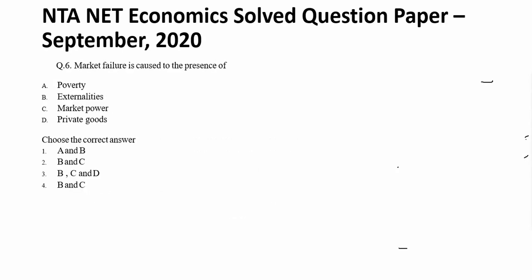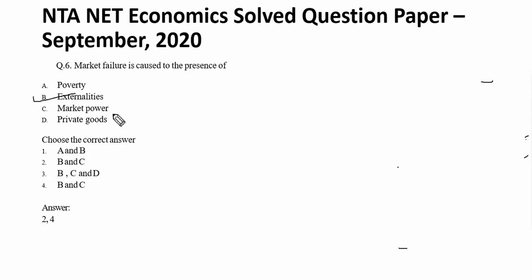So here we see that externality is given and private goods is given. So the answer is B and D. The first one is, we know there is externality.